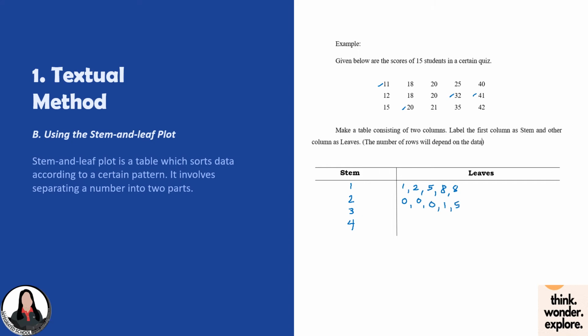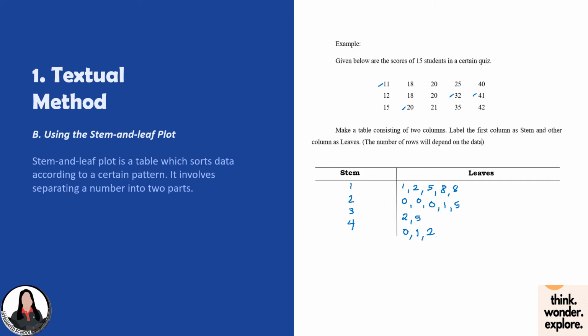And then for the third one, we have 32, 35. And for the fourth one, we have 40, 41, and 42. Okay? So take note that kung ilan yung ating scores, ganun din kadami ang leaves. So this should be 15. 1, 2, 3, 4, 5, 6, 7, 8, 9, 10, 11, 12, 13, 14, 15. Okay? So, ganito gumagawa ng stem and leaf plot.